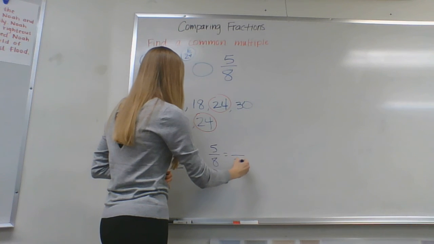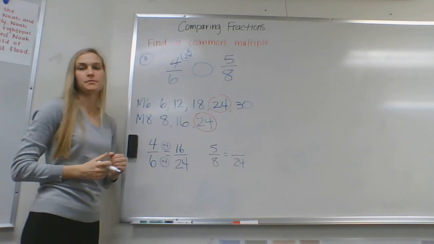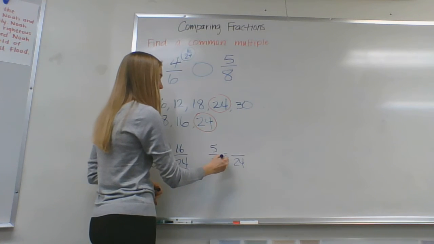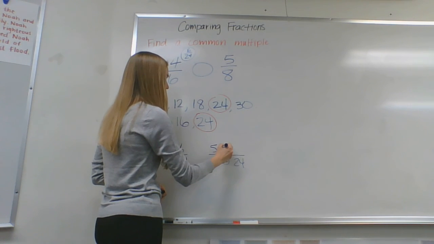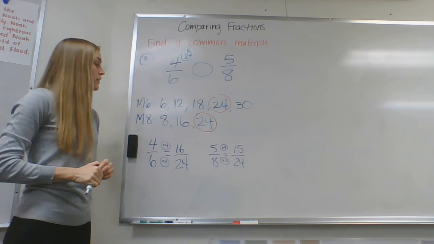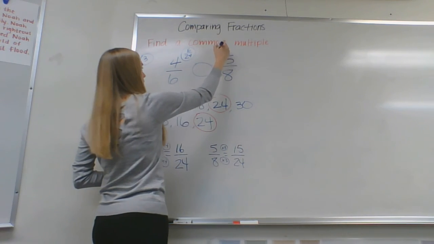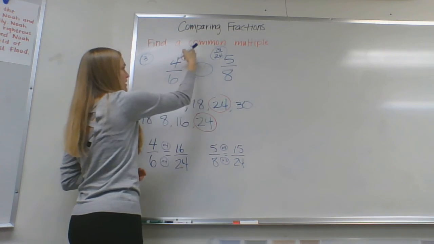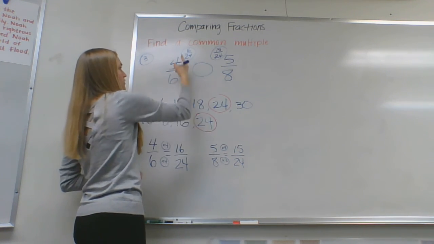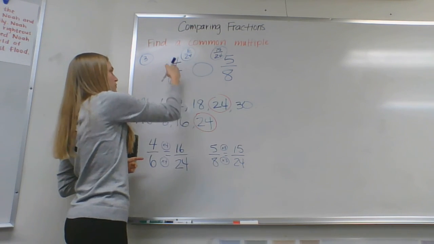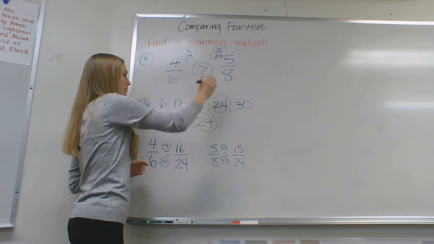We want it to have a denominator of 24, which is when you multiply our 8 by 3. We multiply the 8 by 3, we got to multiply the 5 by 3, which gives us 15. So 5/8 equals 15 over 24. So 16 is greater than 15. So 16/24 is greater than 15/24, which makes 4/6 greater than 5/8.